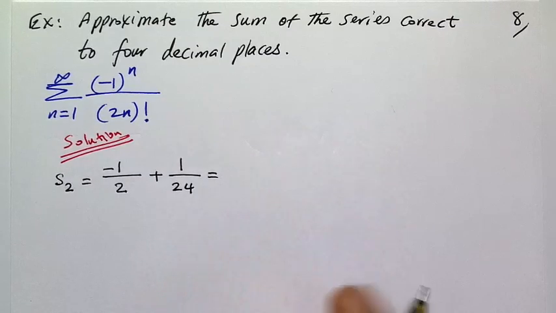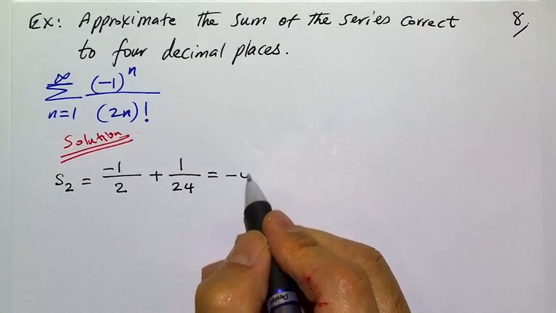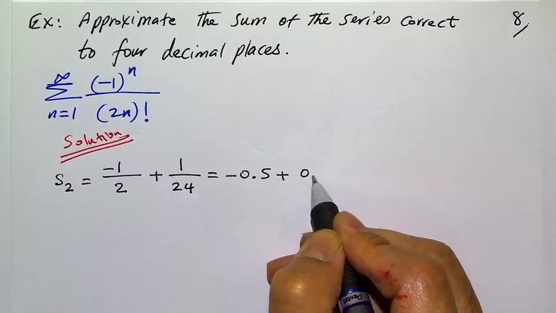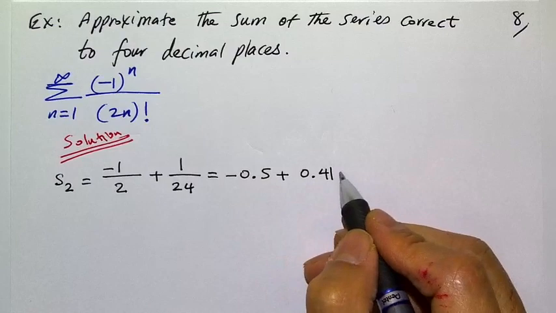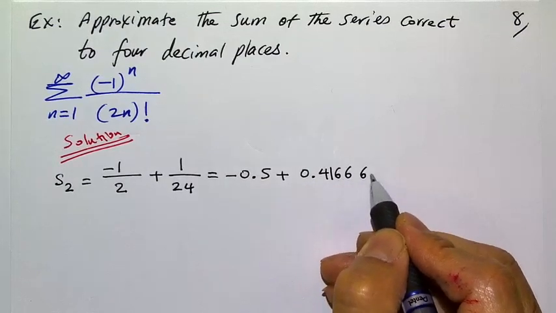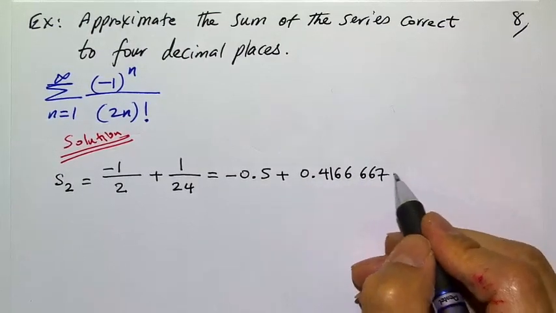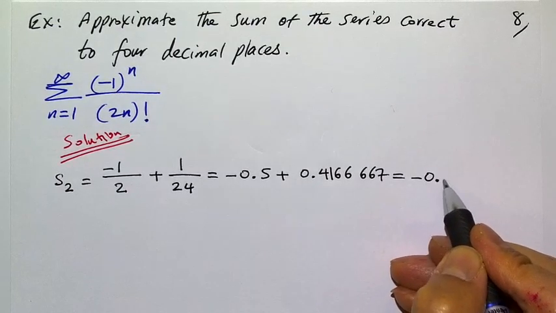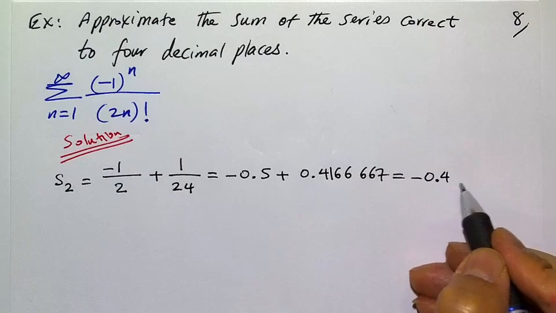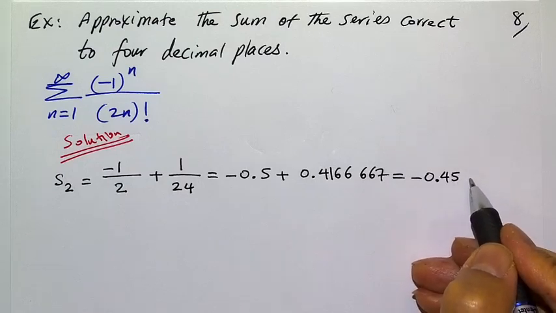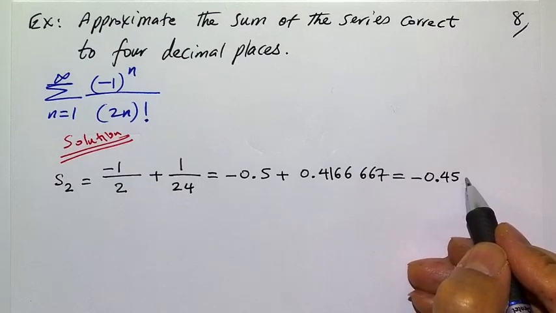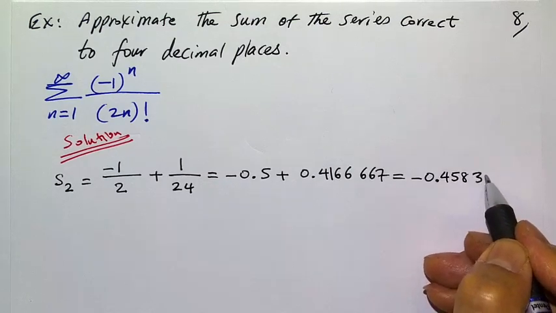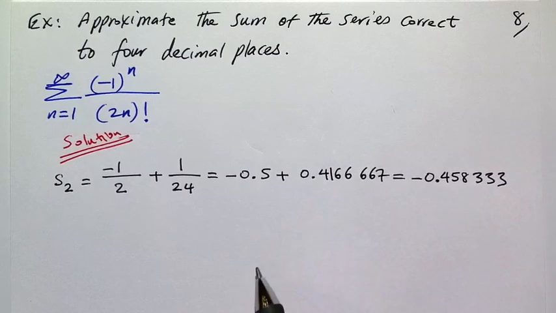So if we add these 2 terms, we will get minus 0.5 plus. These are my numbers. Please don't trust them. Come up with your own numbers and see if you agree with these or not. And if there's an error, let me know, please. I will correct the video content. Minus 0.45833. So that's what I have.